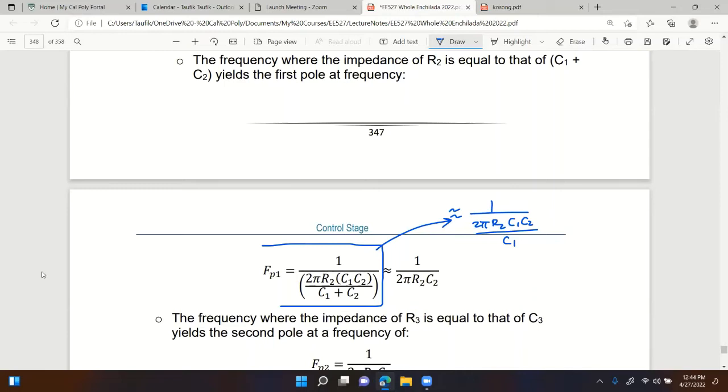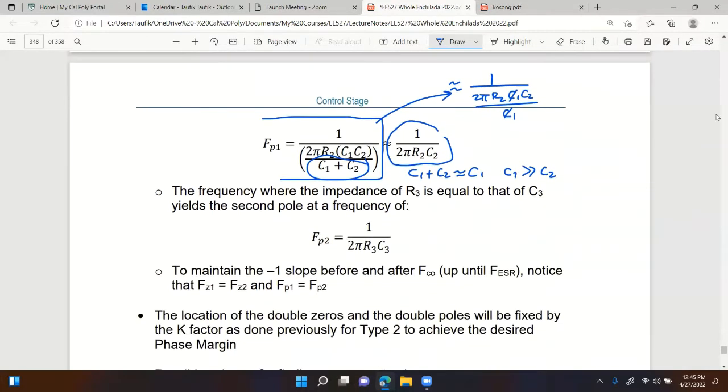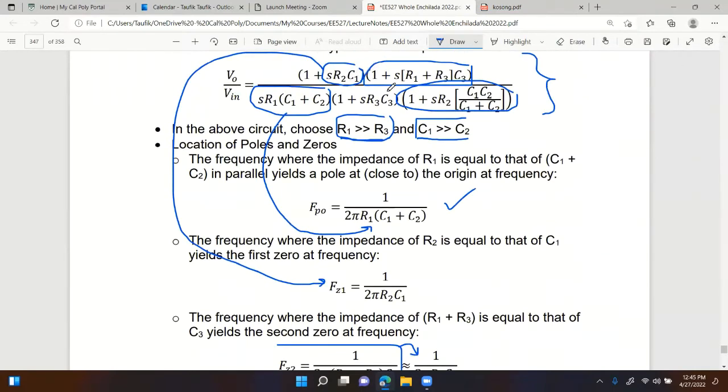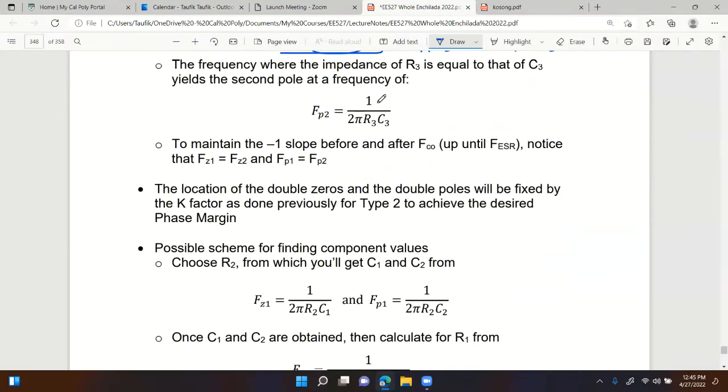So C1 plus C2 is approximately equal to C1 because C1 is much larger than C2. So C1 cancels, and now you have this frequency for the first pole. The second pole is from the last term right here, from R3 and C3, right there.